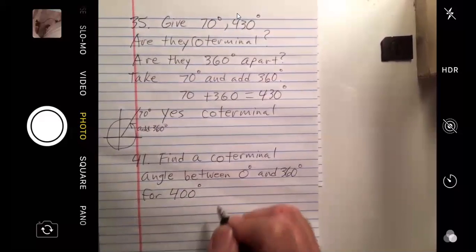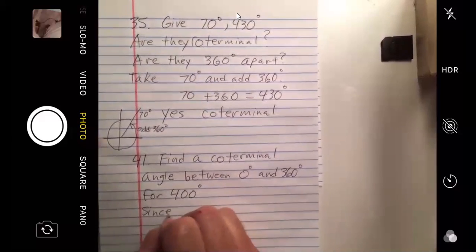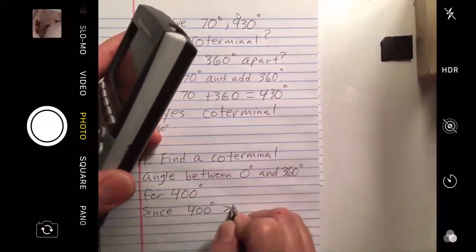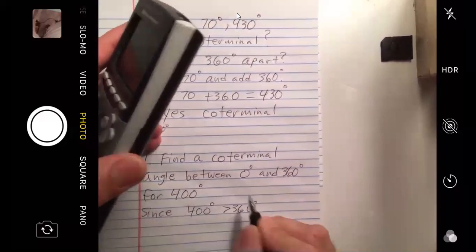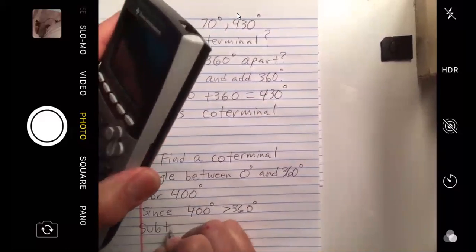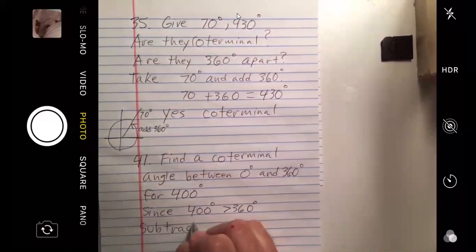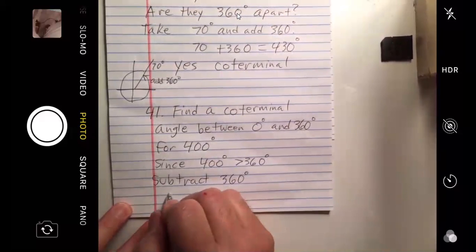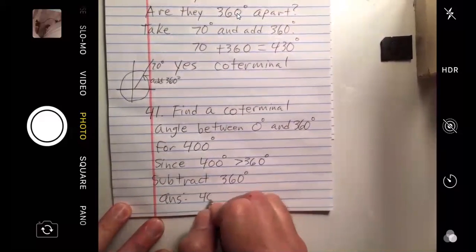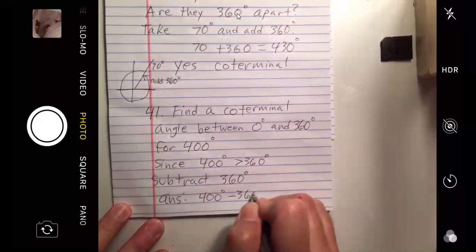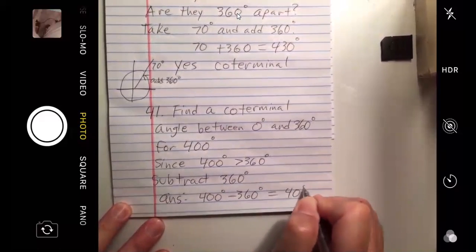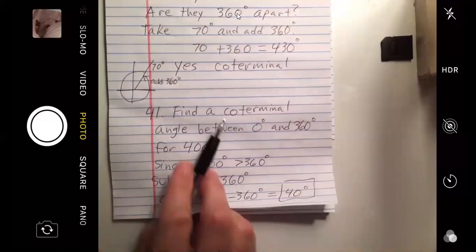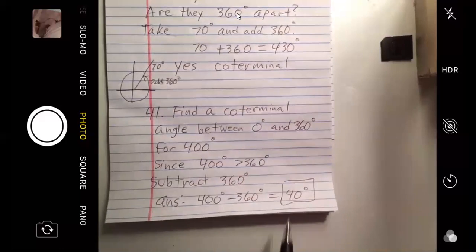All right, since 400 is greater than 360, I'm going to subtract 360 degrees to bring it between 0 and 360. So I'm going to go 400, subtract 360. That would be 40 degrees. That is a coterminal angle between 0 and 360, coterminal with 400 degrees.